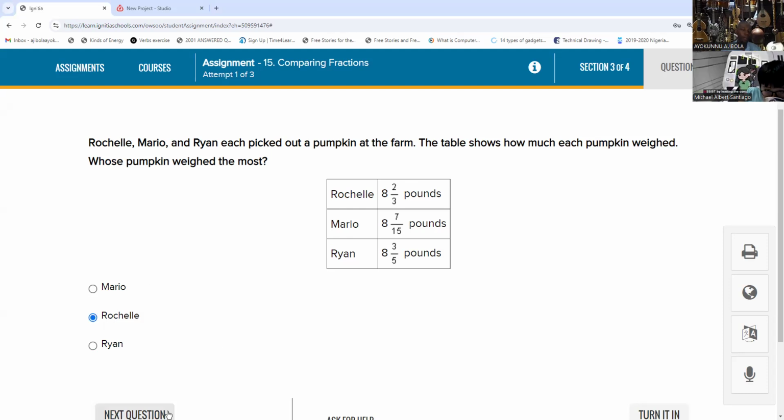The next question. It said, which one is the least? So which one do you think is the least now? Because we said the first one is 10, the third one is 9, and the middle one is 7. Which one is the least?